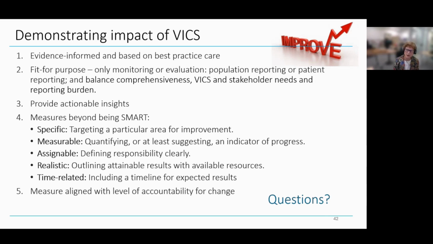So consider those issues. And then when you've determined its purpose, any sort of framework has to balance comprehensiveness. You cannot measure everything. It's impossible and inappropriate to measure everything. So balance comprehensiveness, need, and the reporting burden.